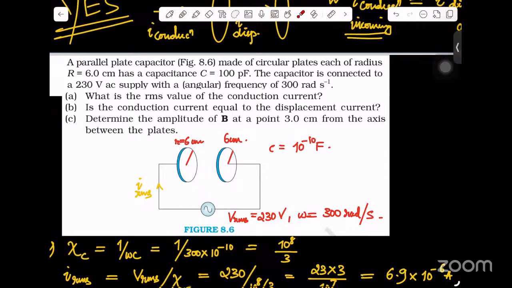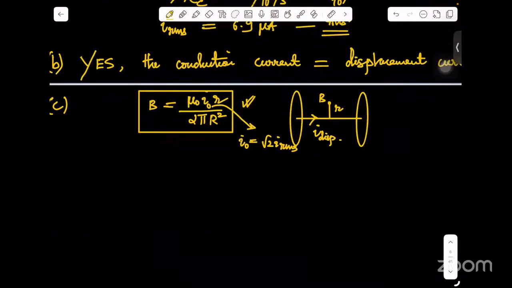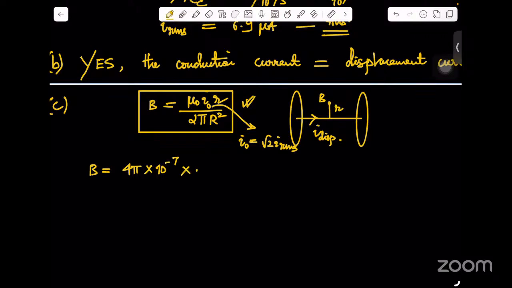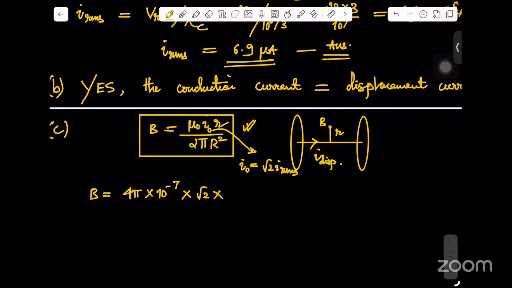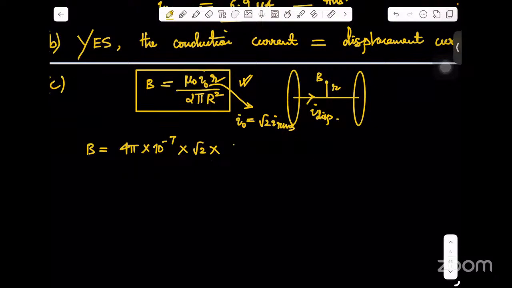So substituting the values, we have B equals mu naught, value of mu naught is 4 pi into 10 raised power minus 7. I naught is root 2 times the IRMS. My RMS was 6.9 microamperes, 6.9 into 10 raised power minus 6.